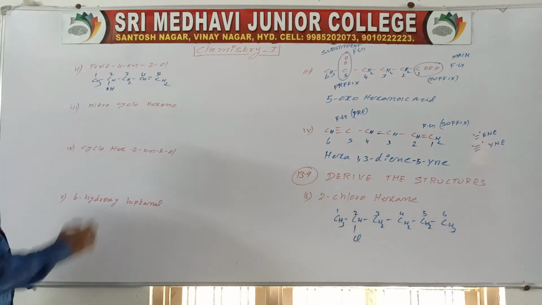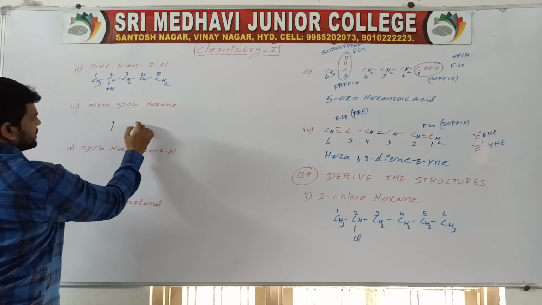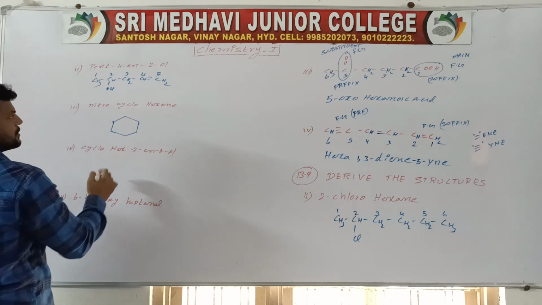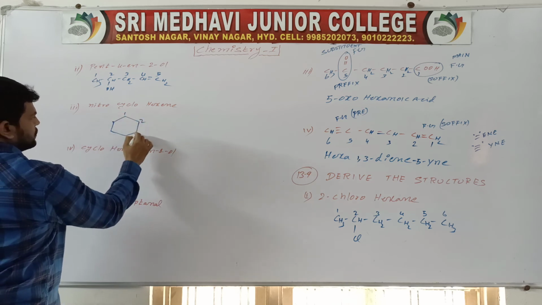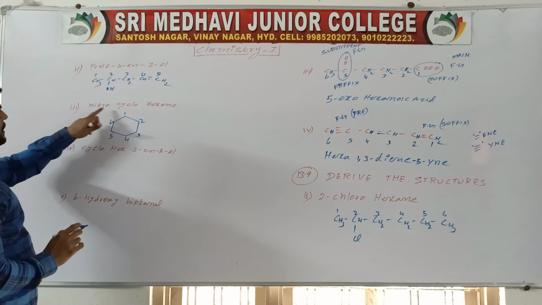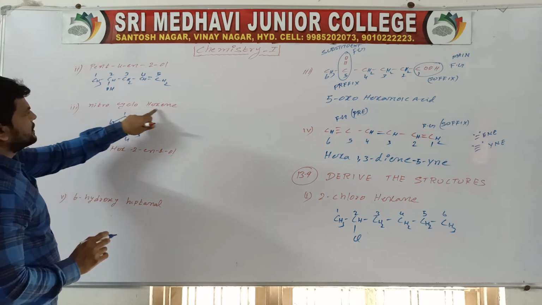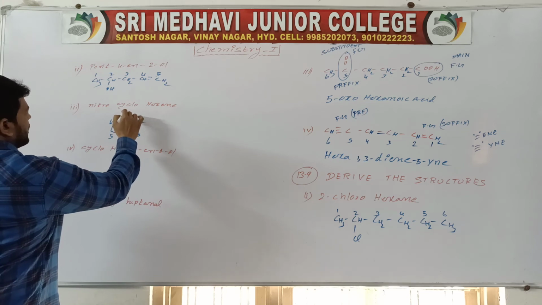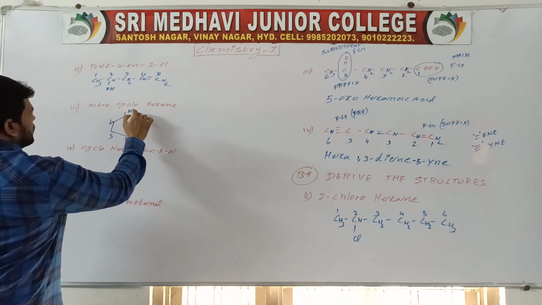Okay, next this one, cyclohex means cyclic compounds having 6 carbon atoms. We have to write 1 2 3 4 5 6. Nitrocyclohexene, nitro means we have to write NO2.